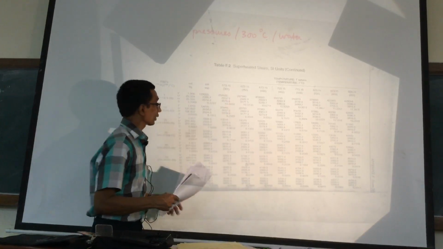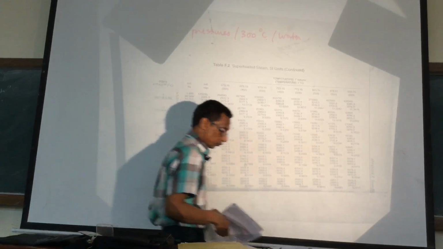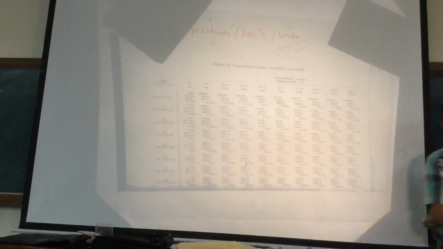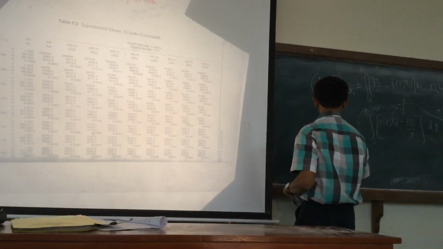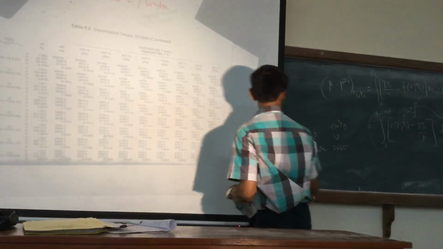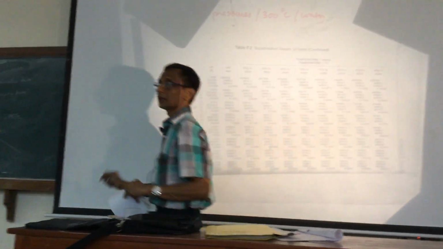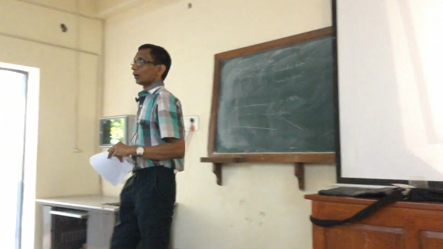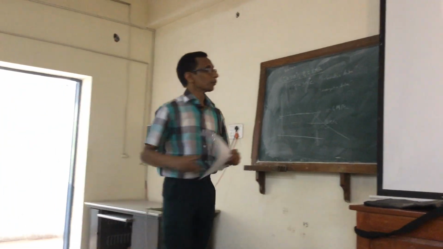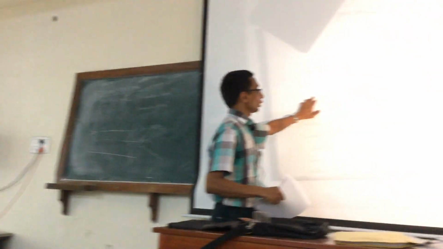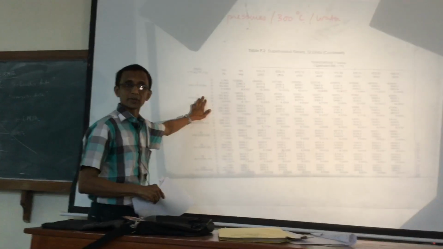Right? I'll write that down also. 2645, in centimeter cube per gram. 2645 and only 20. This is the specific volume. Now you go to the other, 10 kilopascal, that's the next value that's given.